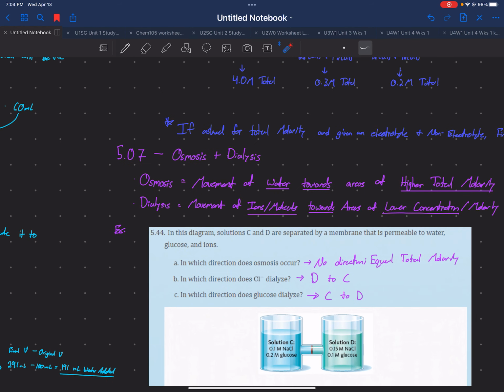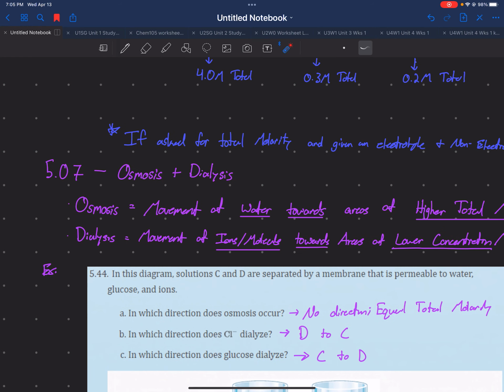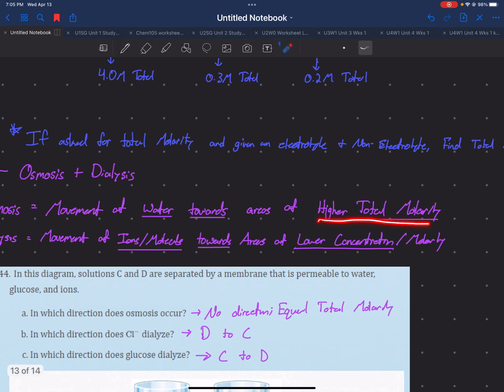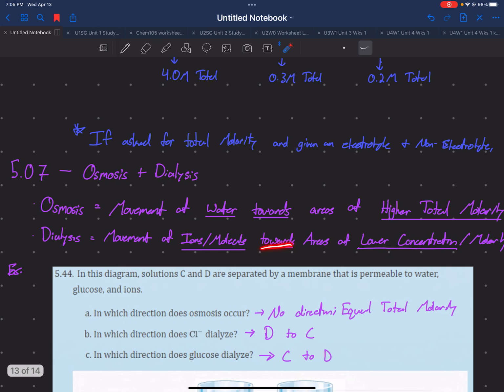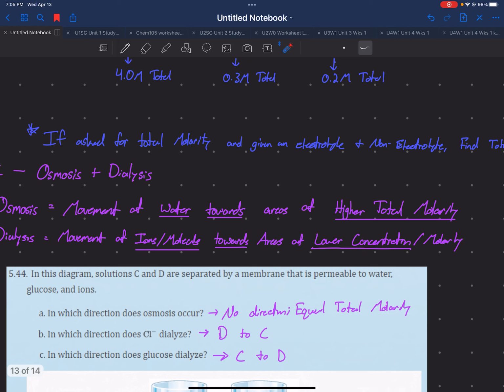I think I should just go over the different definitions and then we'll talk about the example. So osmosis, it's water towards higher total molarity. And dialysis is just the movement of ions or molecules, right? Like osmosis is water, dialysis is just the other stuff, towards areas of lower concentration or molarity. Okay?